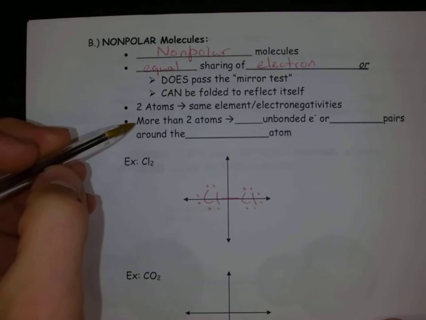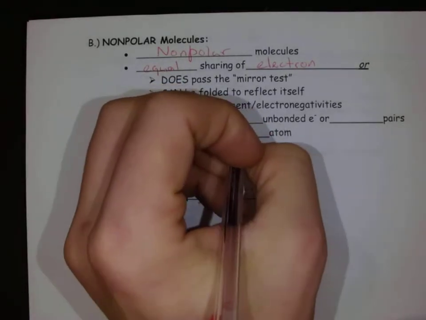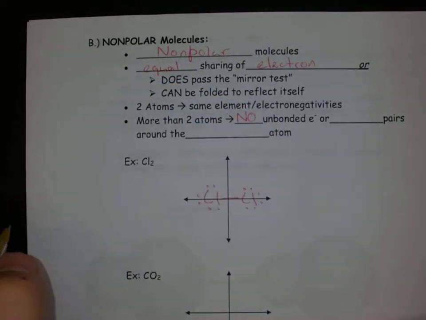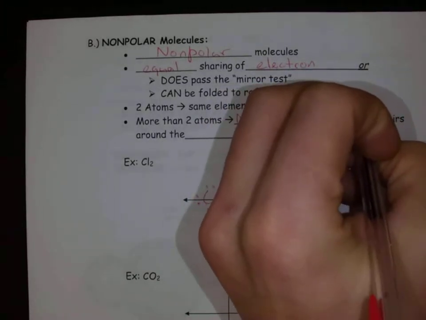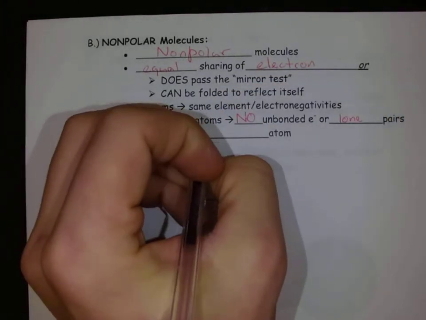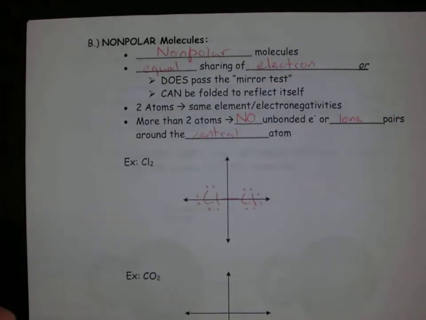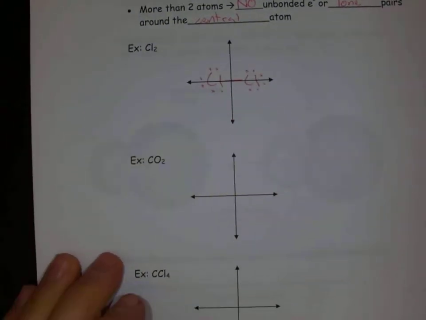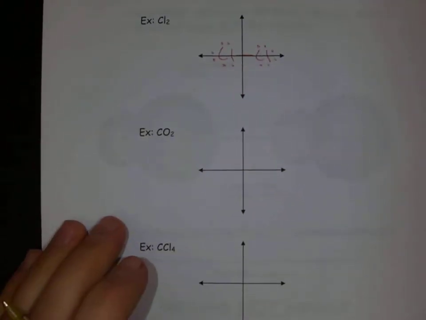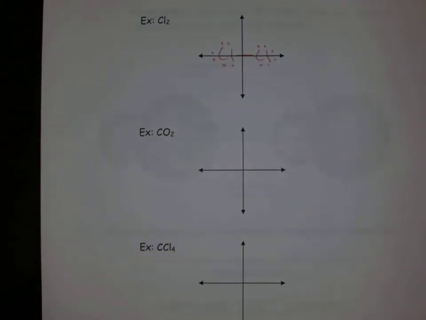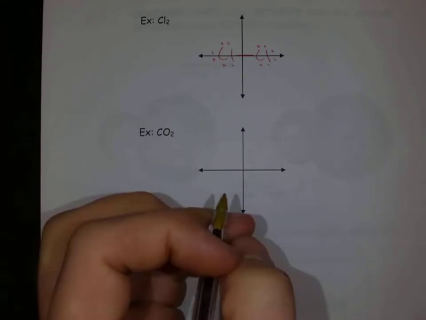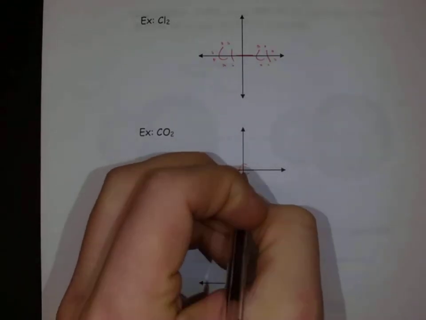If we have more than two atoms, we cannot have any unbonded electrons or lone pairs around the central atom, okay? If we have lone pairs around the central atom, that's generally going to indicate that it's going to be a polar molecule, okay? So let's look at CO2 here.